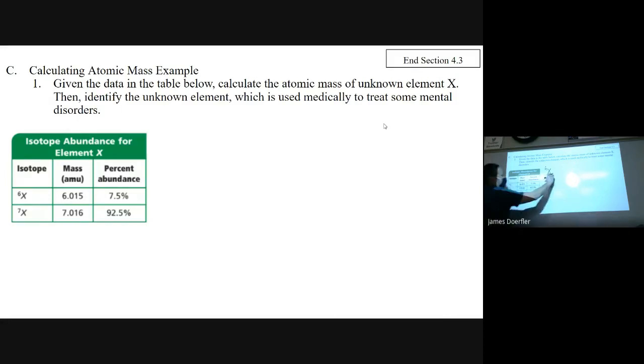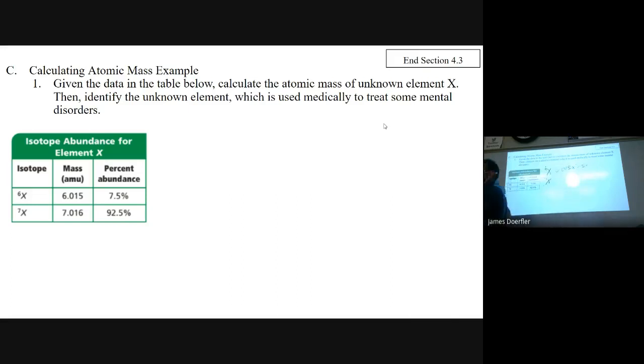Okay, so let's go about the steps here. First thing is we're given the mass in AMU and the percent abundances. So as step B says, we need to multiply the mass of this isotope times its relative abundance. So 6.015 times 7.5.